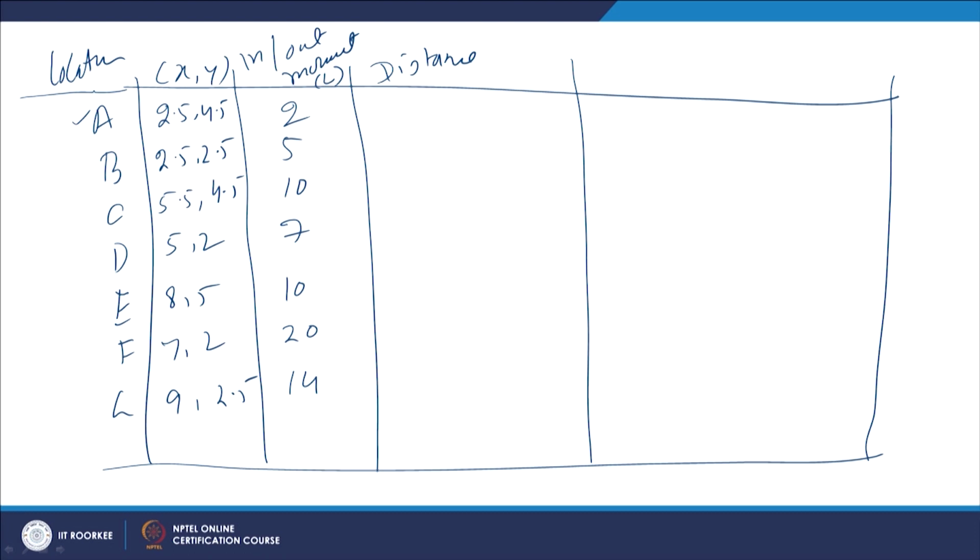Say here the possible locations of the choice are C and F. So, the coordinates of C are 5.5 and 4.5, and that for F are 7 and 2.